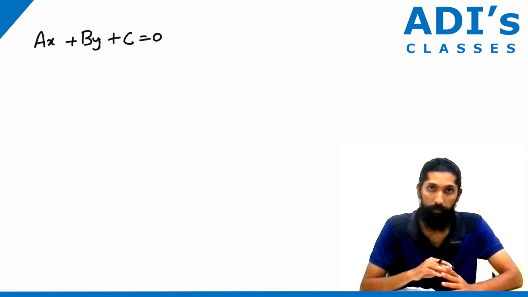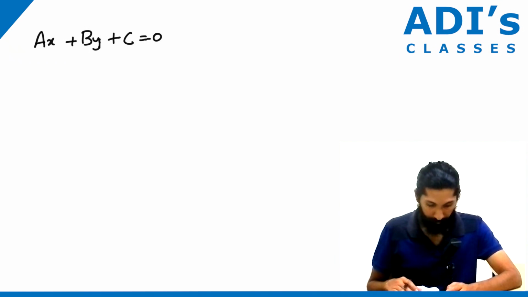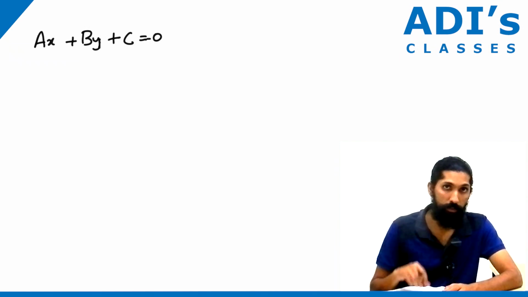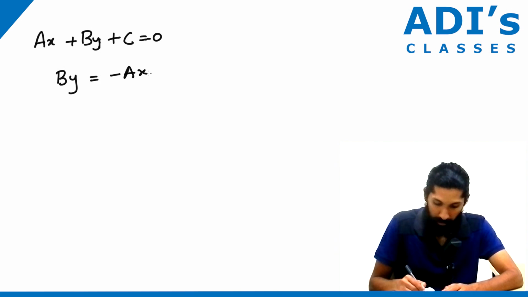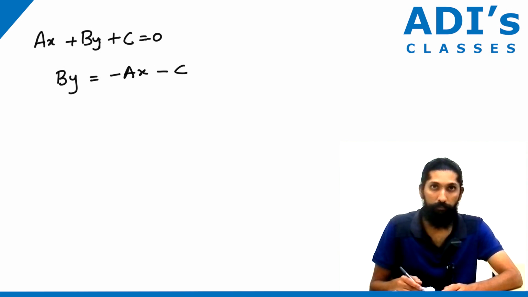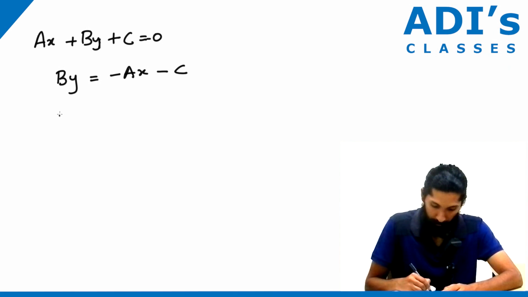Okay, so first let's try to get the slope, which is the easiest thing and the most important thing. Now here what we'll do, we'll make y the subject of the formula. That means here we'll get by is equal to minus ax minus c, correct? Divide by b, so you'll get y is equal to minus a by b into x minus c by b.